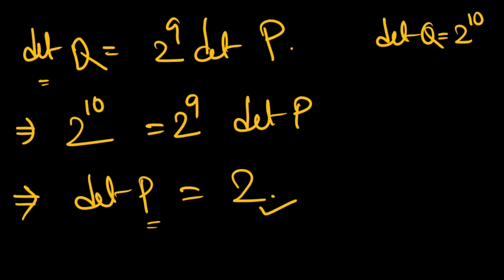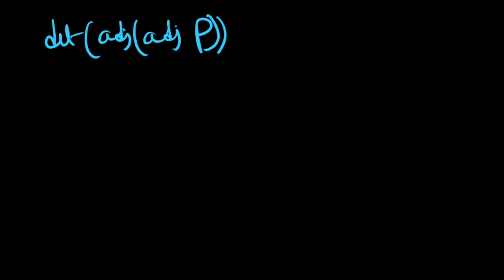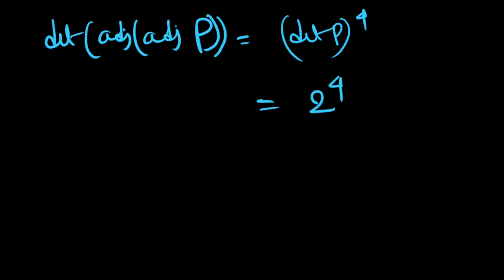Previously we got the determinant of P is equal to 2, so now we put the value here. That is equal to 2 power 4, which is equal to 16.